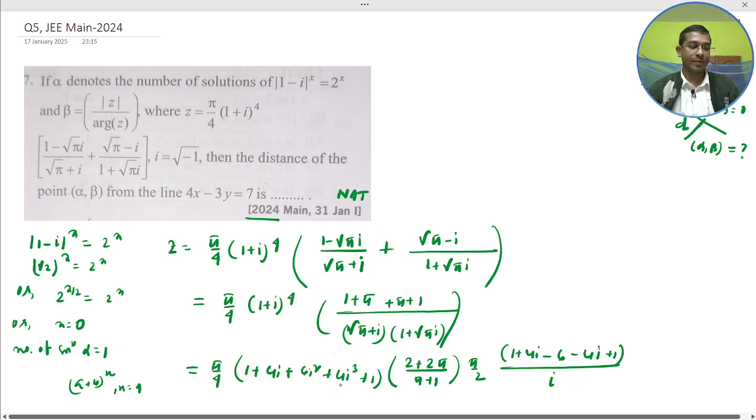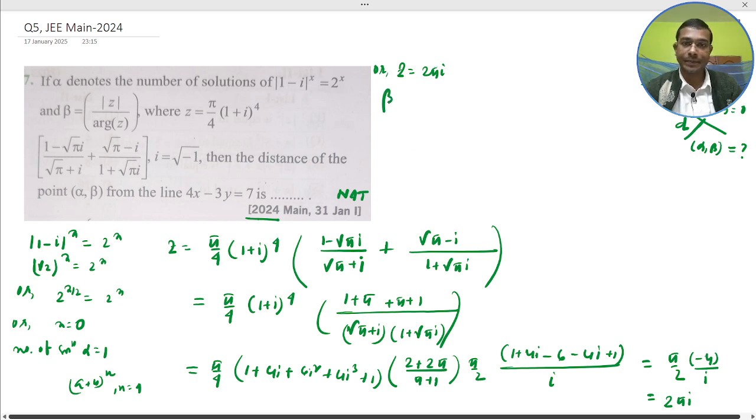And after solving, this would be pi by 2 into minus 4 divided by i. So minus 4 means 4i square. So I just write here 4i square. So 2i pi i. So our z would become 2i pi.